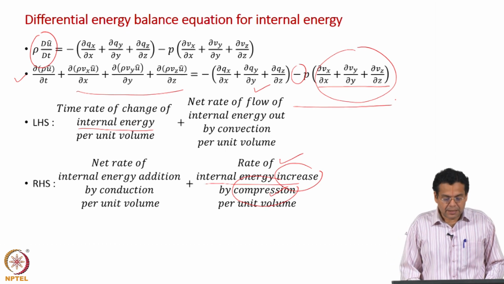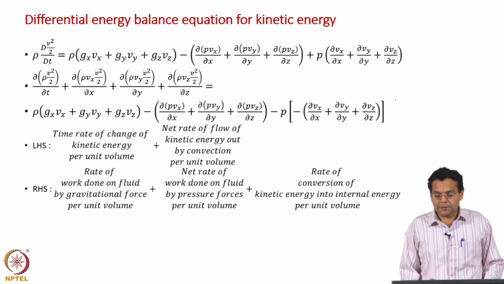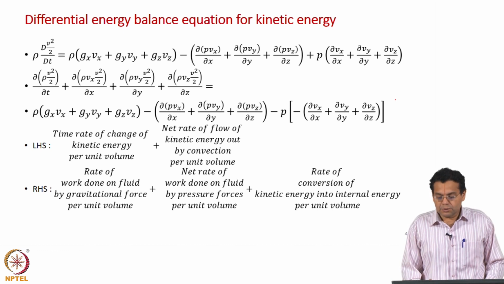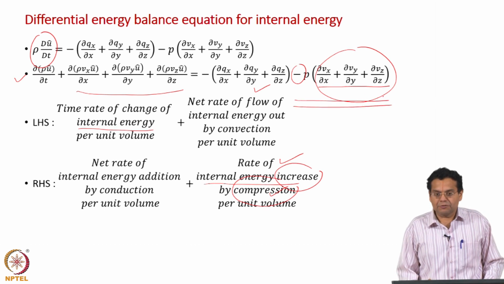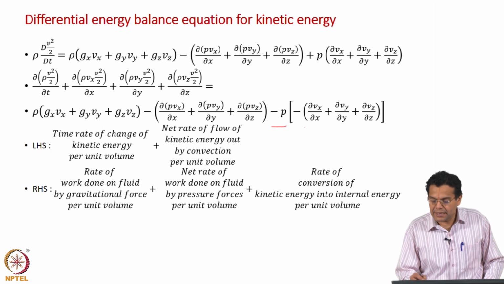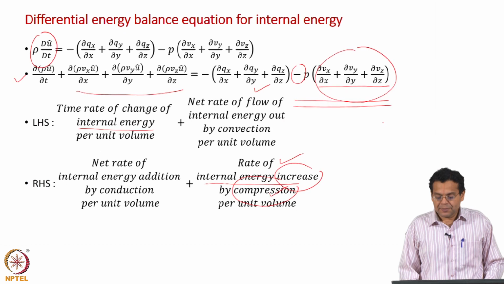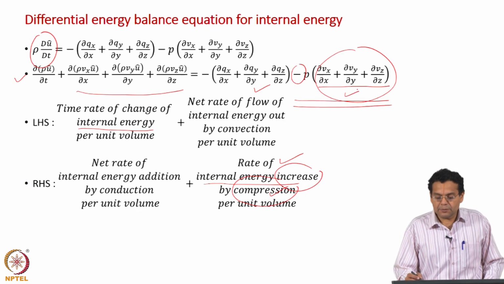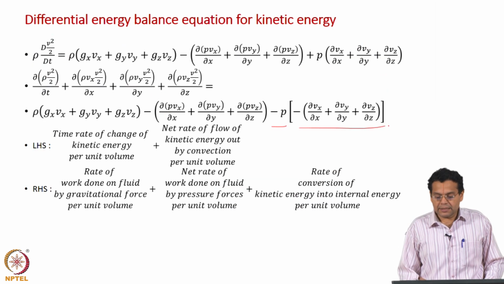Now, let us look at the corresponding term in the kinetic energy equation. If you look at the 2 terms here, it is minus P del dot V, and here it is minus P minus del dot V. Let us take the same case. Let us say there is decrease in volume, this term is negative, this entire term is positive. Now, what will happen in the right side of the kinetic energy equation?